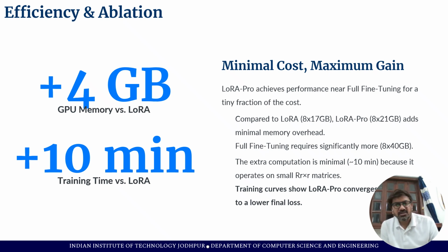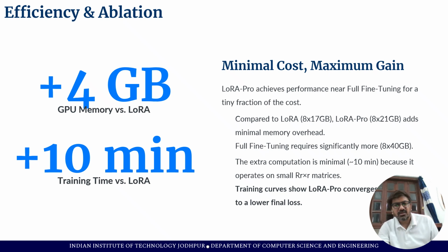This brings us to the crucial question of efficiency. Do all these new calculations add a lot of overhead? The answer is no. Compared to standard LoRA, LoRA-Pro adds only about 4 GB of GPU memory and about 10 minutes of extra training time. This is still cheap when you remember that full fine-tuning requires massive memory, like 40 GB and more.